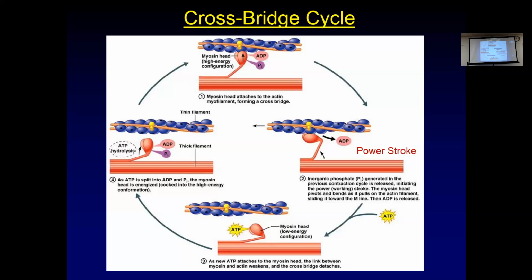We must form cross bridges. We must form them in order to generate force in a muscle, okay? So it is this formation of a cross bridge that allows muscles to contract.